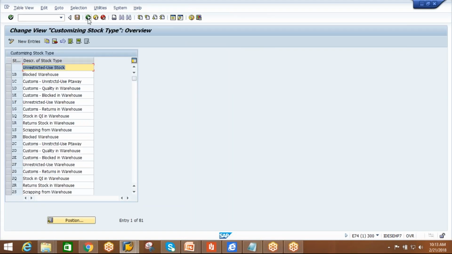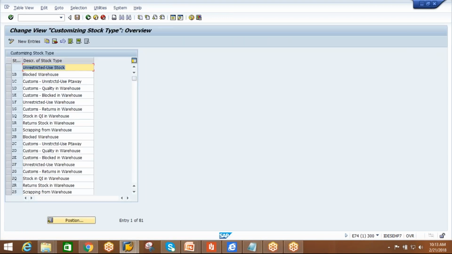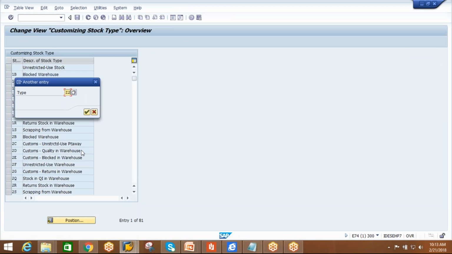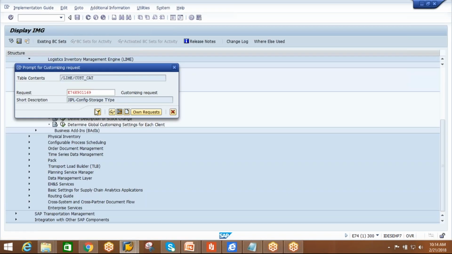Determine stock type, it's under Lime basic settings. Here, Z2, I want to change the description. If we do not give it, it is automatically taking this one. AAPL GST stocks. Okay.